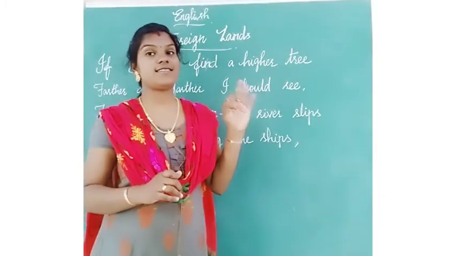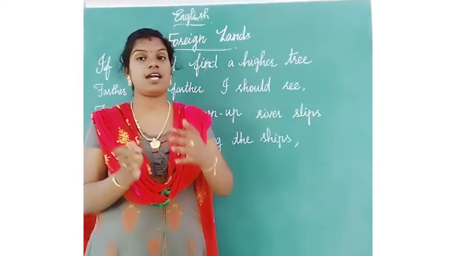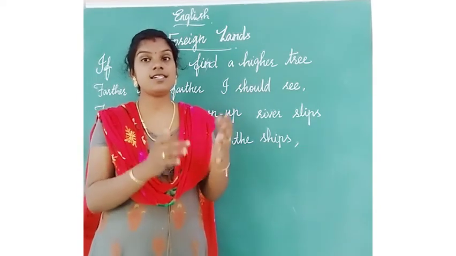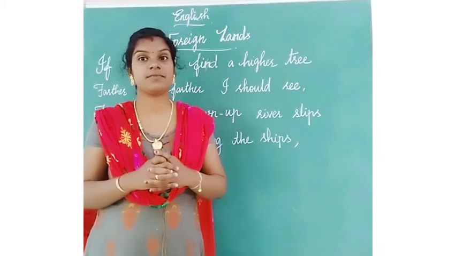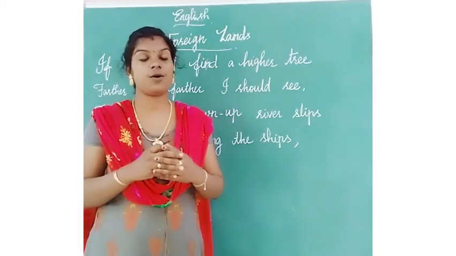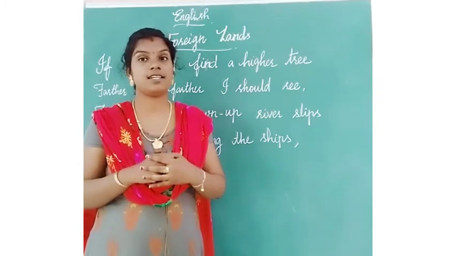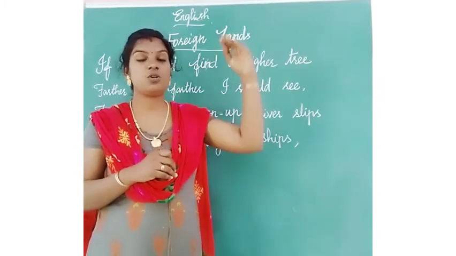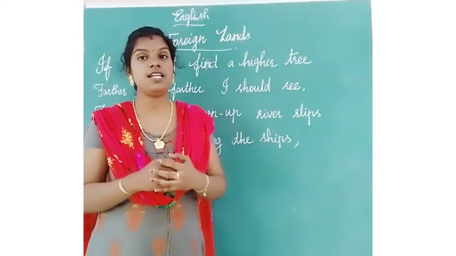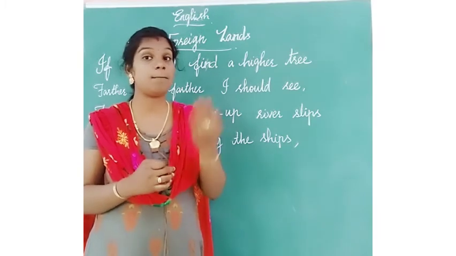In the third stanza, the child describes a river that passed by that way, right? What is the color of that river? The river is blue in color. Why is the river showing blue color? Because it shows the sky's reflection.